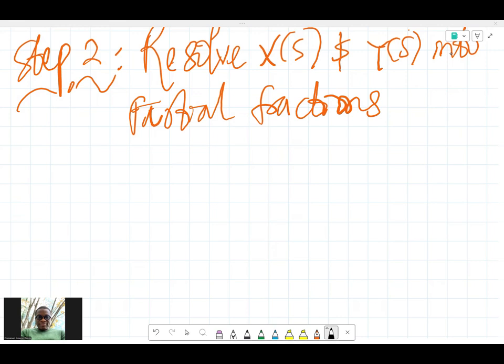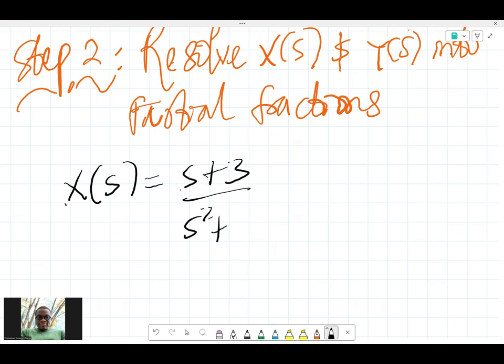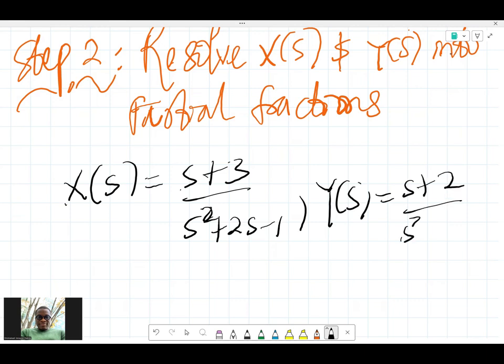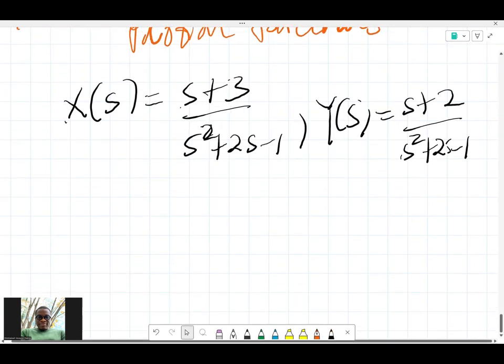So we have x of s to be s plus 3 all over s squared plus 2s minus 1, and we have y of s to be s plus 2 all over s squared plus 2s minus 1. Now, I want to resolve into partial fractions.